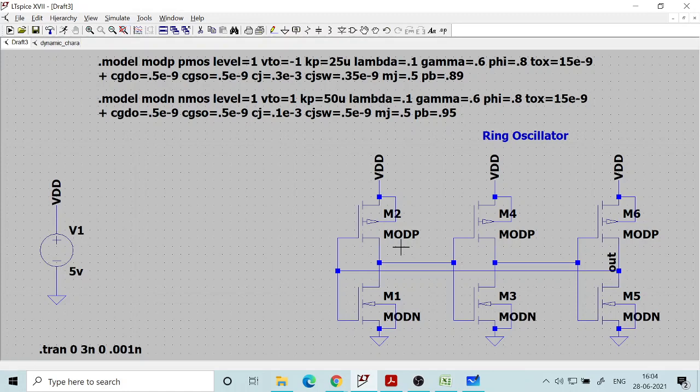Now a ring oscillator is basically a way of constructing an oscillator with inverters, because if the inverter input is 1, output should be 0.